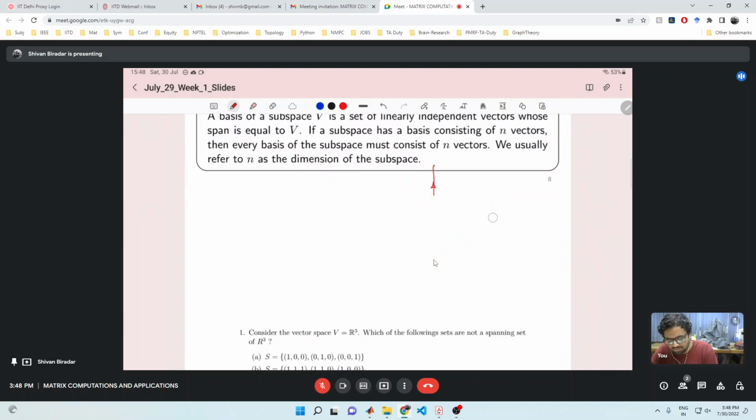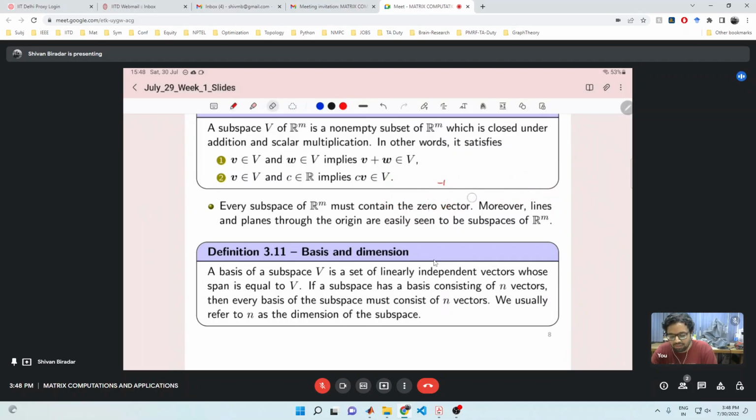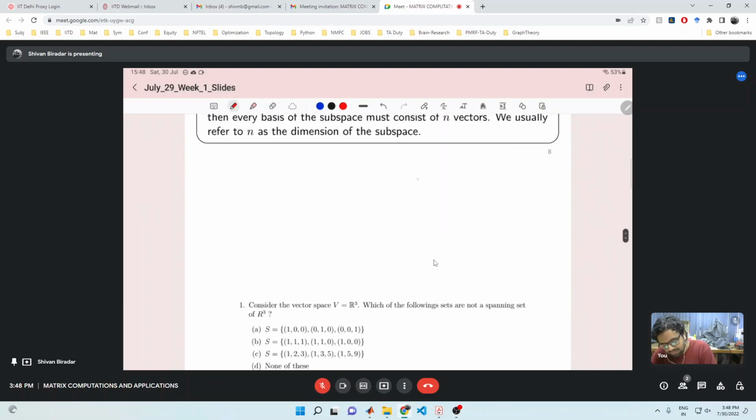So now you understand what a basis is. Basis is the minimal number of vectors which can span your whole space, and the minimal number of vectors is your dimension. As I said, for spanning this line, you need minimum one vector. The number of such vectors is called the dimension.